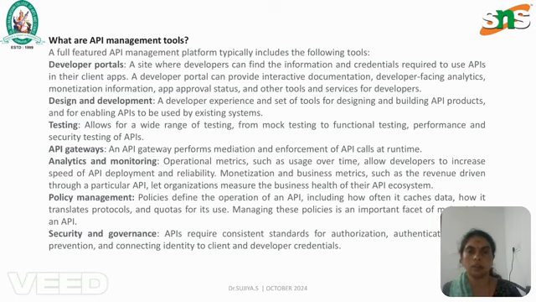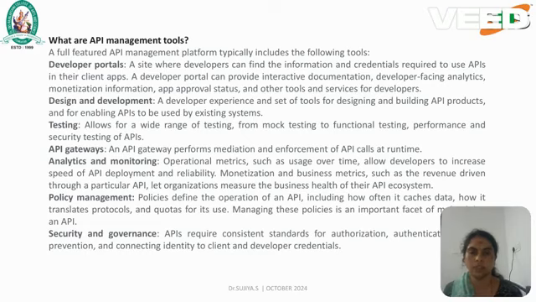The developer portal can provide interactive documentation, developer-facing analytics, monetization information, app approval status, and other tools and services for developers. Design and development is a developer experience and a set of tools for designing and building API products and for enabling APIs to be used by existing systems.